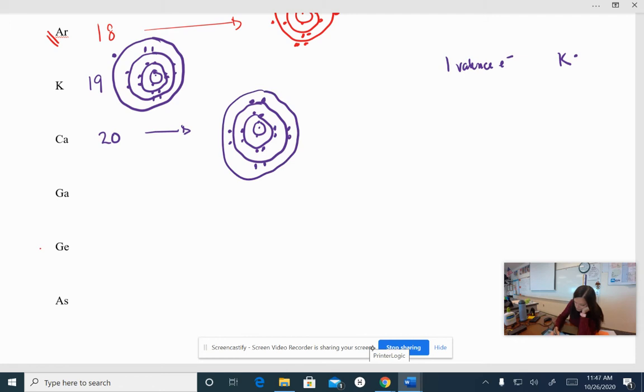And our fourth energy level, we will just have 2. So this will give me 2 valence electrons.